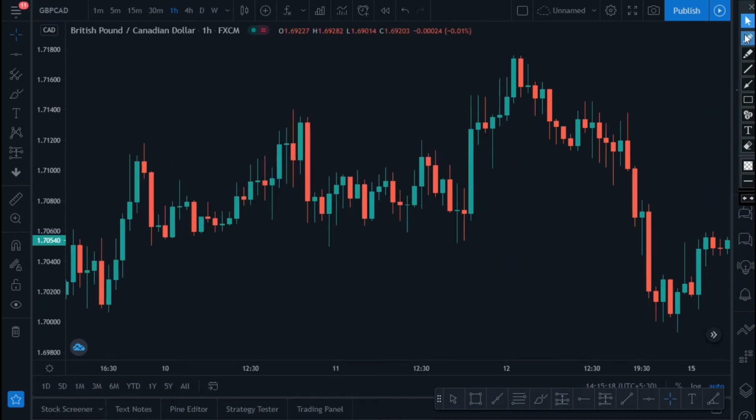As you can see, right now I am on this area. Just assume it is the current condition of the market. What I have noticed here is that this area acted as a support, and this support has been broken out by this bearish candle.